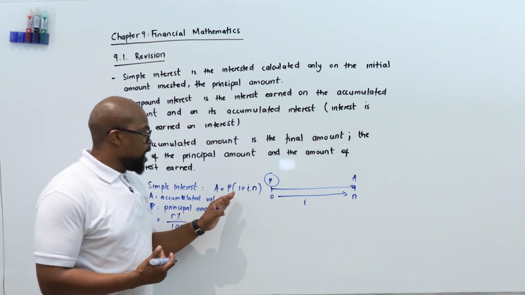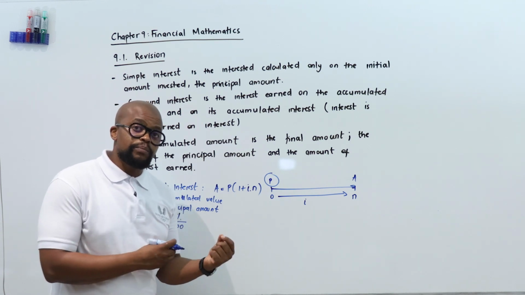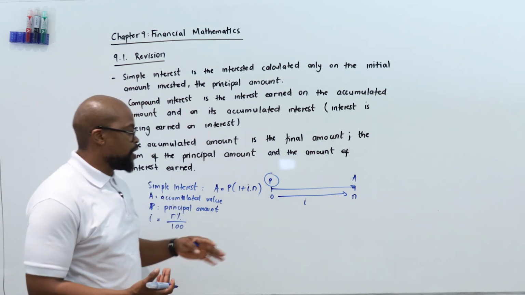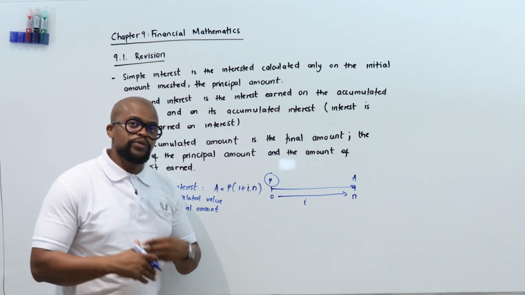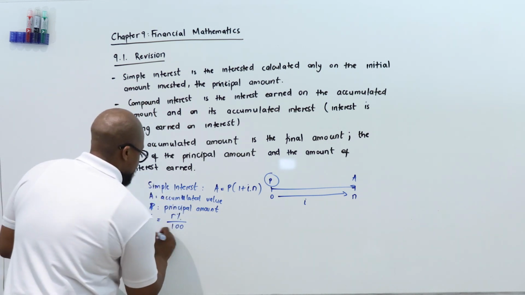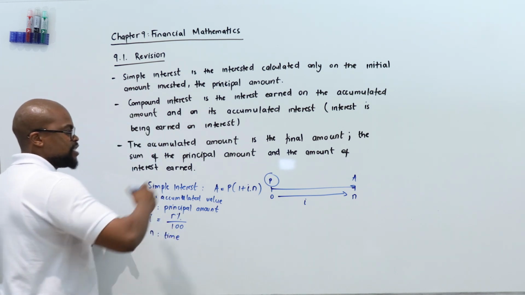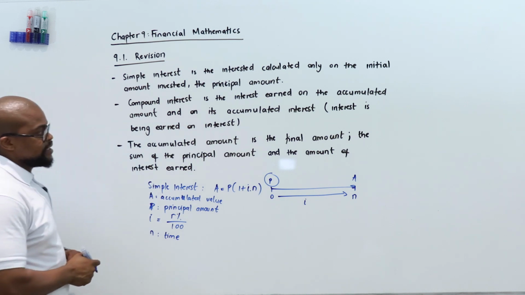If you look at this formula, all these numbers are real numbers. So you need to convert from percentages to real numbers so that you're working with the same type of numbers whenever you calculate your accumulated value. And then n is the time, the time horizon, the time until we get to the accumulated value.